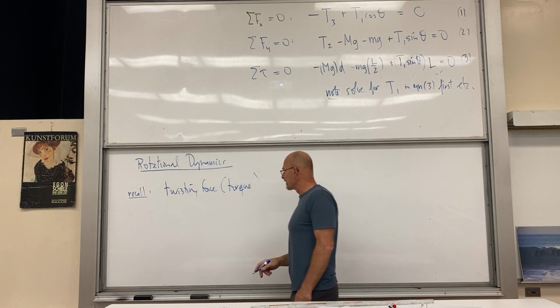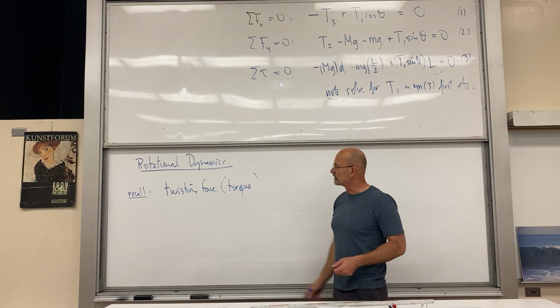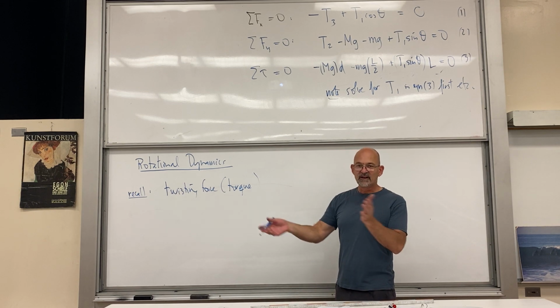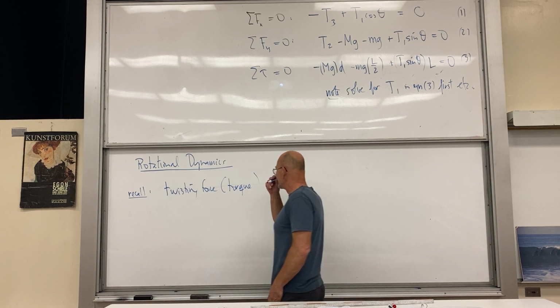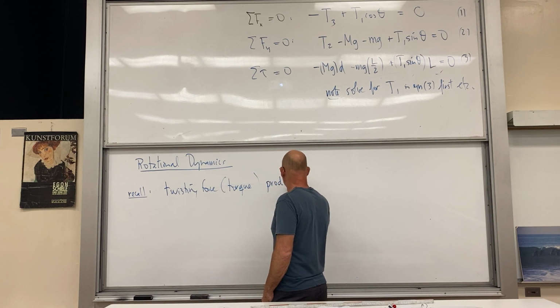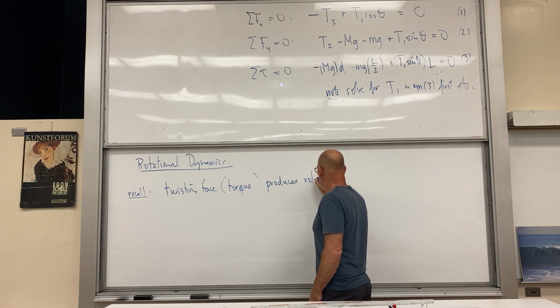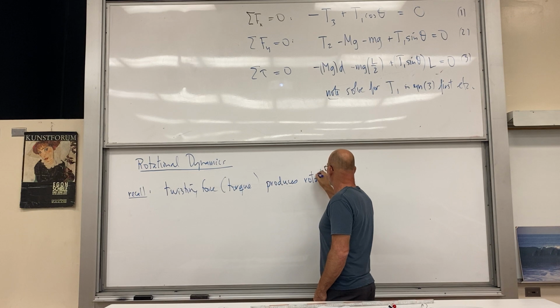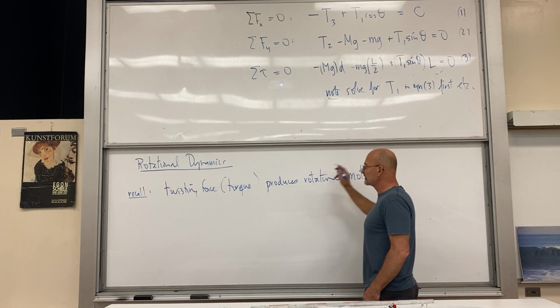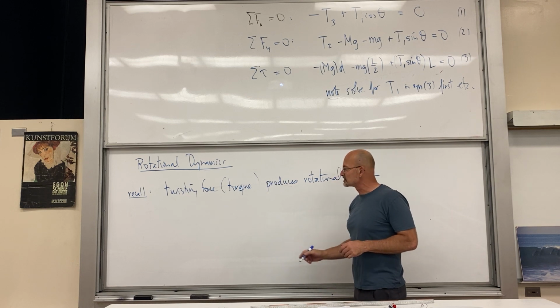I could write it the other way around. Torque, which is just a twisting force, brings something into a rotational state. Produces rotation. Rotational motion. So a twisting force, torque, produces a rotational motion.